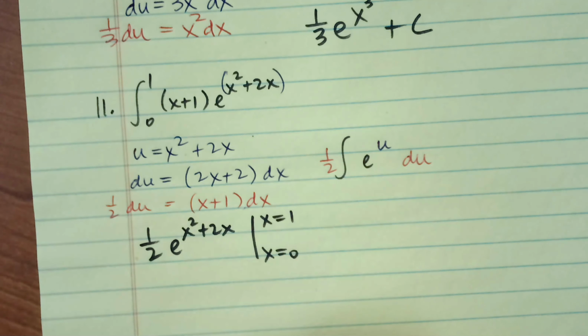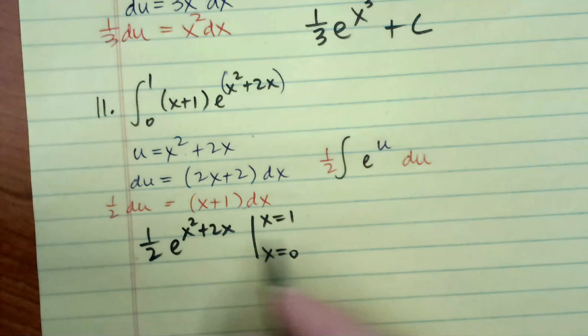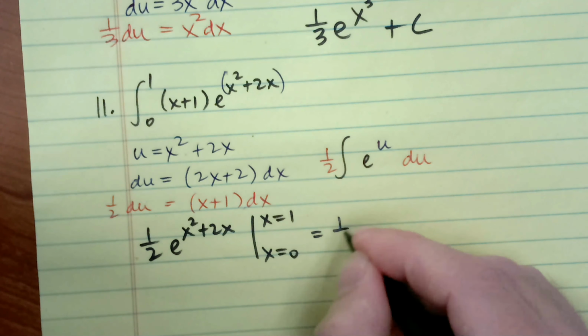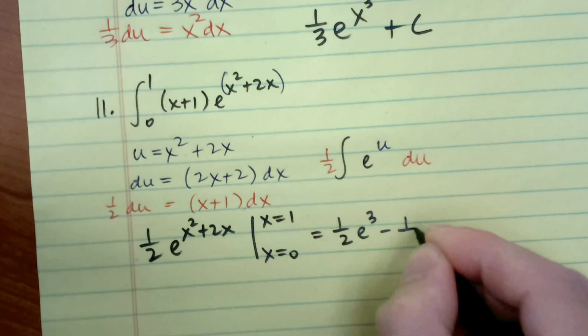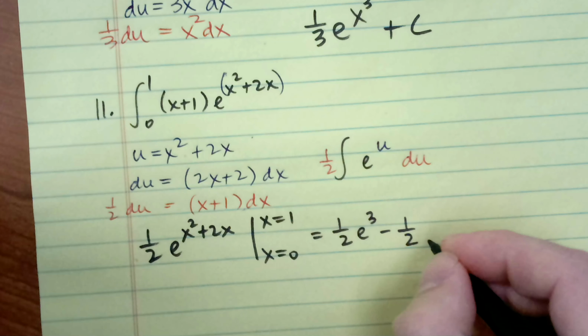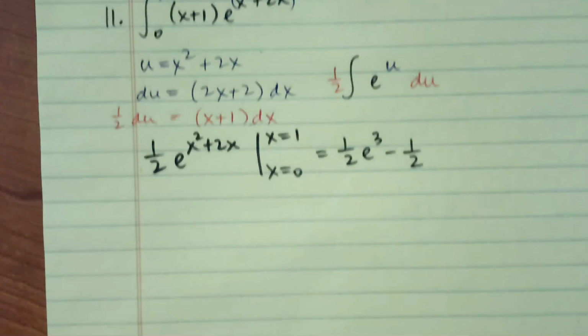Then this is equal to 1/2 e to the 1 plus 2, which is 3, minus 1/2 e to the 0. And e to the 0 is 1, so I'm going to stop at that.